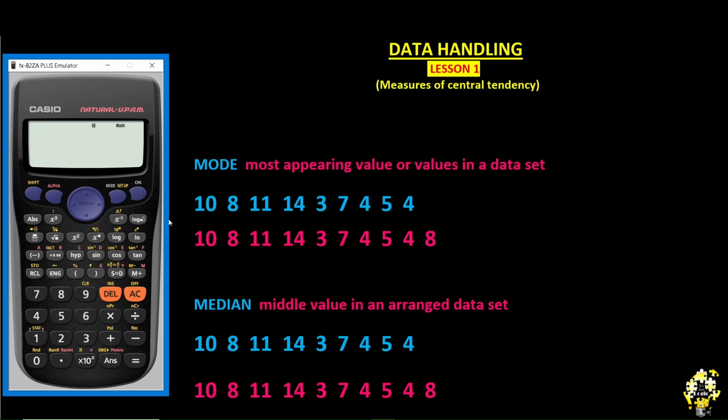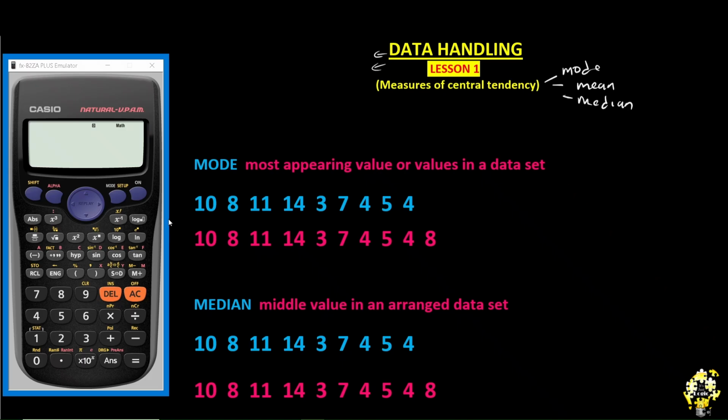So now, when we are talking about the measures of central tendency, basically what we are talking about is your mode, as you will see, your mean, and also your median. But this is what I want you to do. Each and every time you come across a concept of data handling, there are 2 things that I would say are the most important, the most basic and fundamental things in data handling.